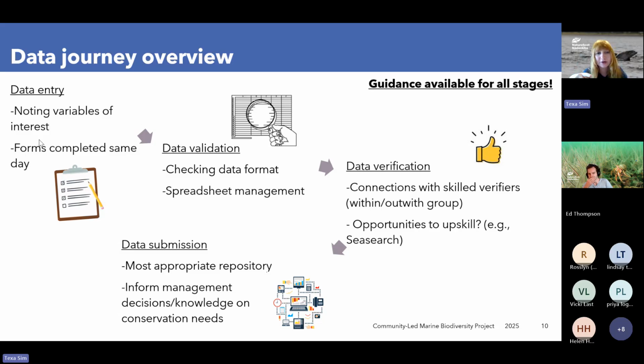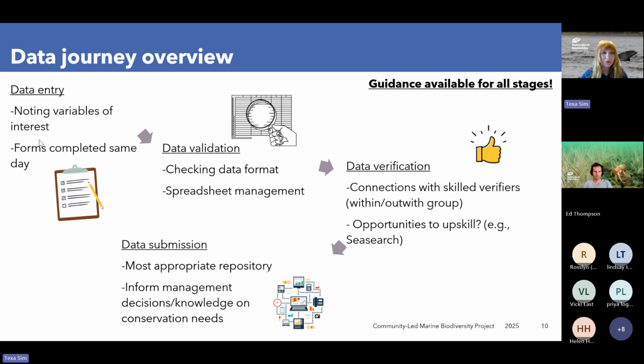And that's actually a point where there's an opportunity to upskill. So if you've got folk in your group who are quite keen to really push forward with their species ID, there are Seasearch courses and other opportunities where you can improve those skills, which is really great. And then finally, we've got the data submission. So looking at your data and going, right, what is the most appropriate repository for that?